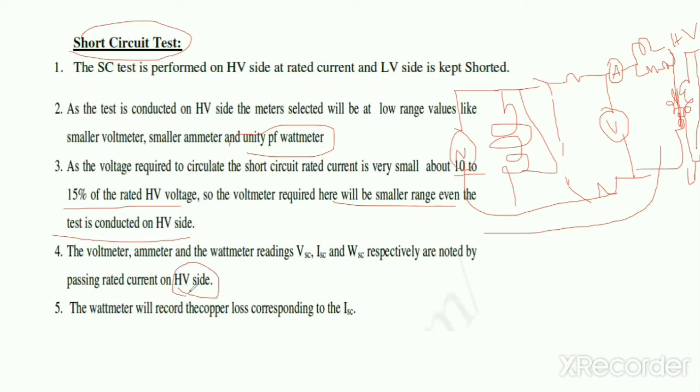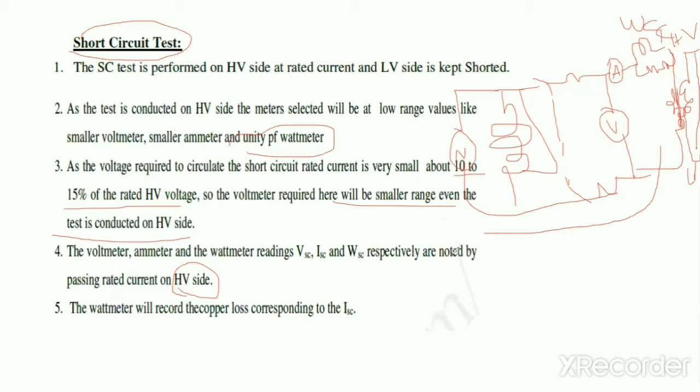When we apply voltage to the HV side, we note down VSC, the short circuit voltage, and ISC, the short circuit current, and then WSC, the short circuit power.